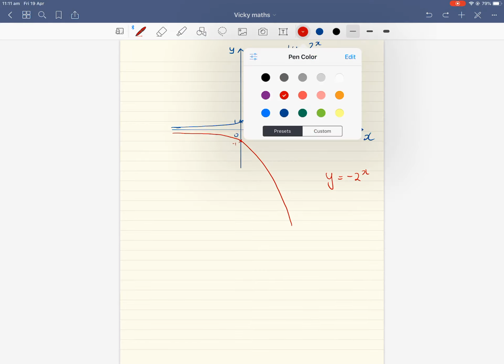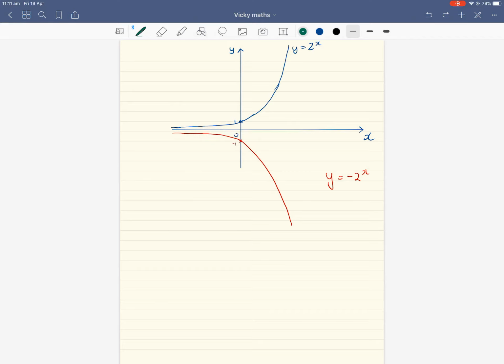Now another variation that you might see is y equals 2 to the negative x. What if we throw a negative in front of the x, the independent variable, instead? Well, rather than being mirrored in the x-axis, it'll be mirrored in the vertical, the y-axis. So that it'll look like this.